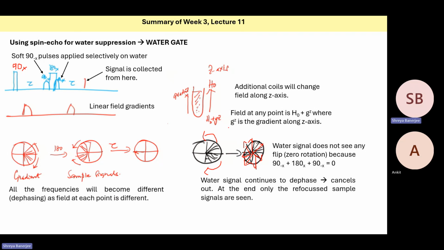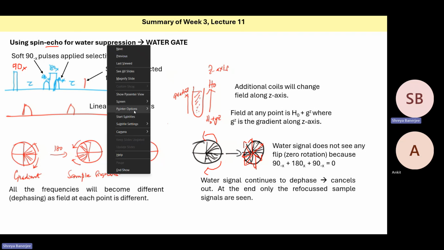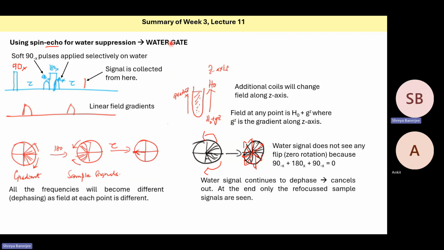So the water signal is cancelling out and your sample signal is refocusing. So you will get a very strong sample signal without any signal of water because it has cancelled out. In other words, the water signal has been suppressed and the sample signal remains strong. So this is how spin echo is used for water suppression, and it is called the Watergate sequence.